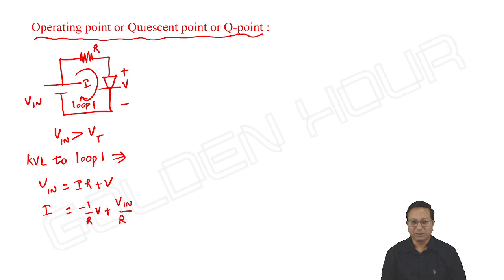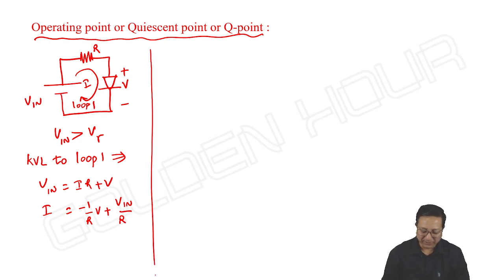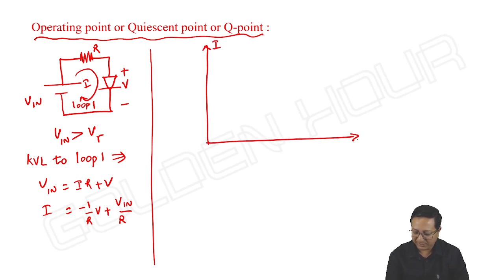Why do I write it so? See, if I take the volt-ampere characteristics of a PN junction diode, current is taken along the y-axis and voltage is taken along the x-axis.